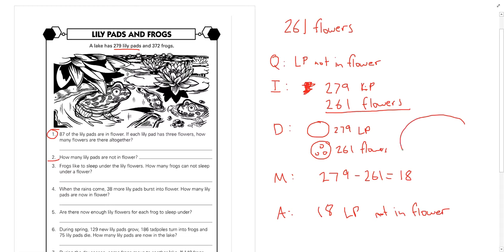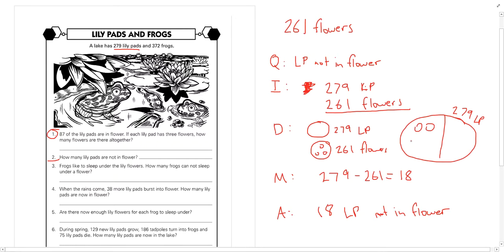So if we look at the pond and we think that there are 279 lily pads in total, and that some of those lily pads are without flowers, so not in flower, and some of those lily pads are with flowers, then it becomes obvious that the information we need is how many lily pads in total, which they've identified, and not how many flowers there are, but how many lily pads there are with flowers.